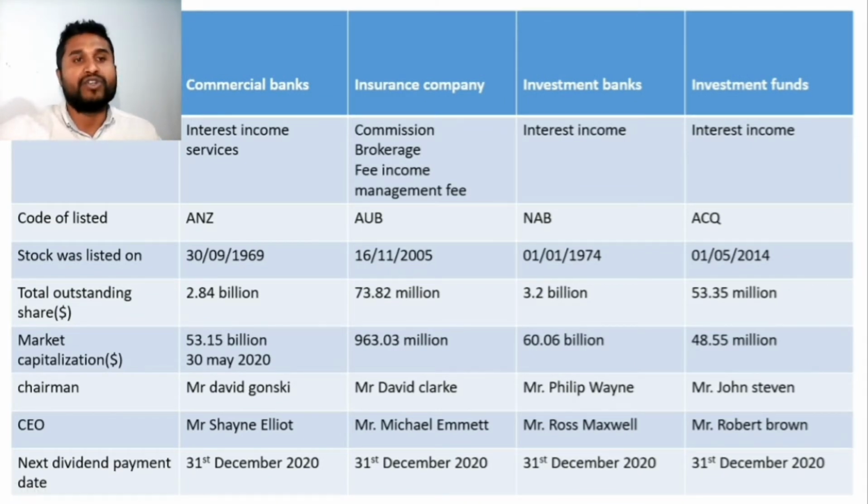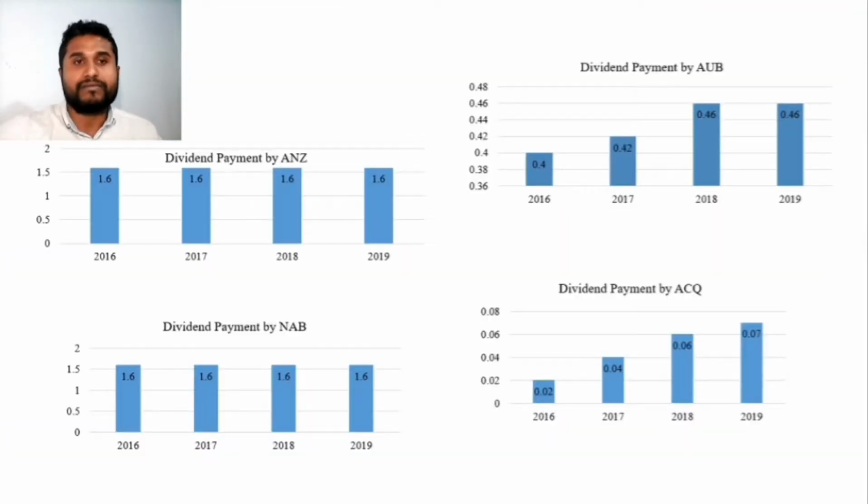Also shown are their main source of income and code of listing, the date the stock was first listed, their total outstanding shares, market capitalization, their chairman, CEO and next dividend payment date. As you can see, all of the companies have their next dividend date this year, December 31st. There are four charts here showing the companies' dividend payments in 2019. Let's move to the next part of the presentation.